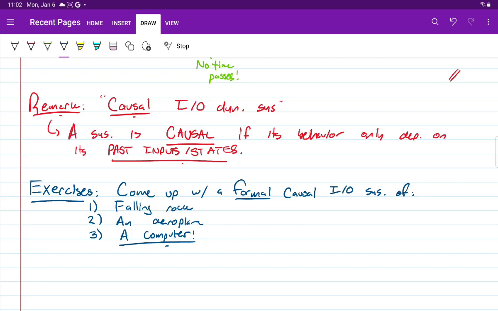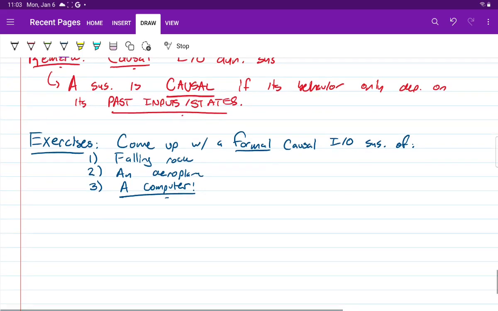As long as you're upfront about what these assumptions are and you understand whether they're good or bad assumptions, this is not such a bad thing. So give this a try. See if you can get a feel for how these different systems fit into this formal I/O dynamical system business that we just defined.